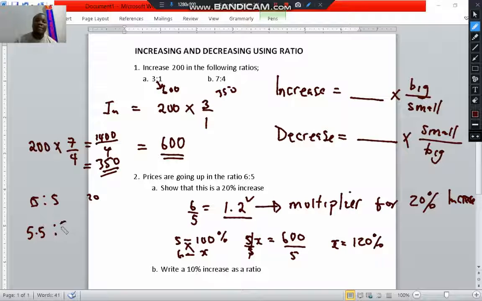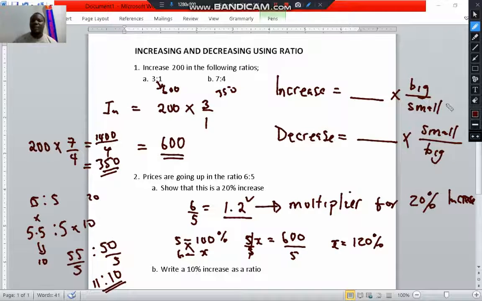If we multiply this by 10 and that by 10, it gives us 55 to 50. Then we can reduce by dividing everything by 5, giving us 11 to 10. So this is 10% written as an increase as a ratio.